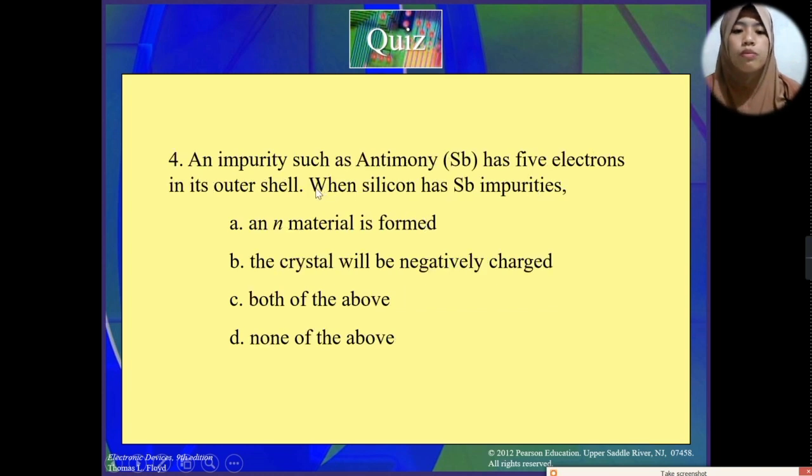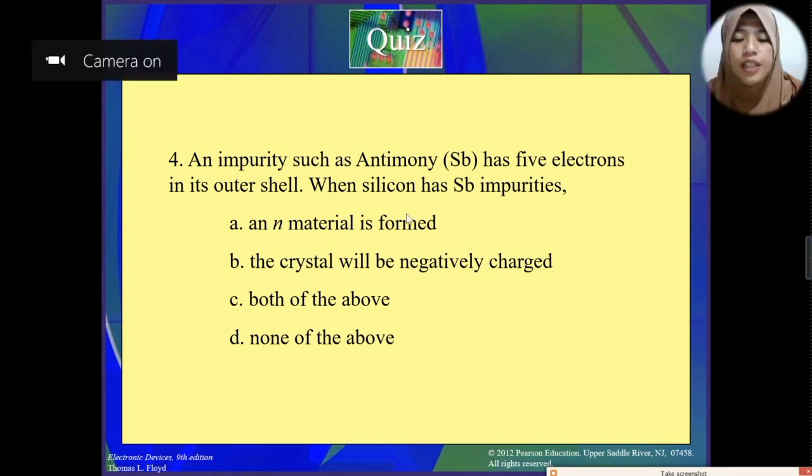Number 4, an impurity such as antimony, Sb, has 5 electrons in its outer shell. When silicon has Sb impurities, letter A, N material is formed. Letter B, the crystal will be negatively charged. Letter C, both of the above. Letter D, none of the above.